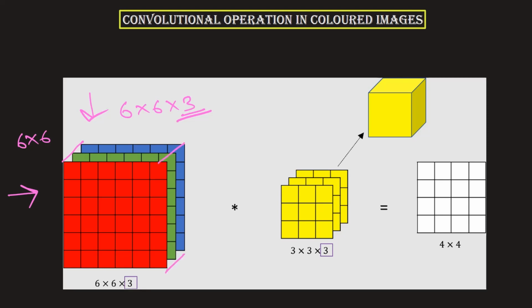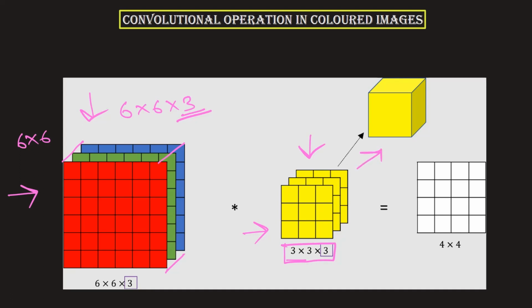Okay. And in this case, your filter or kernel matrix will also be in the form of a cube like this. So instead of being a size of only 3 by 3, this will be a size of 3 by 3 by 3. So as a whole, it will also look like a cube.